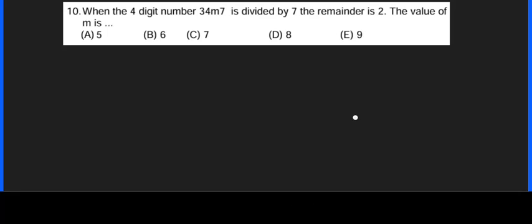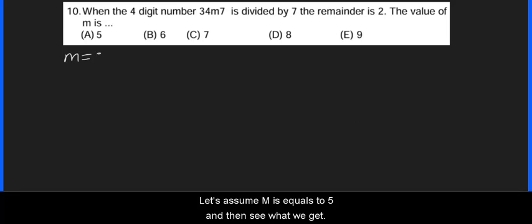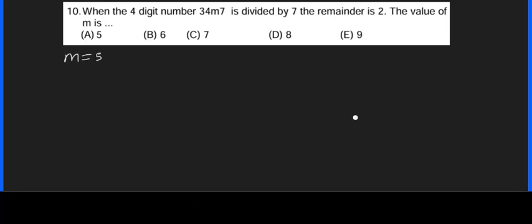Let's assume M is equal to 5 and then see what we get. Now we will have 7 dividing 3, 4, and instead of M we put 5, so it's 3457. Let's solve that and see if the remainder will be 2.